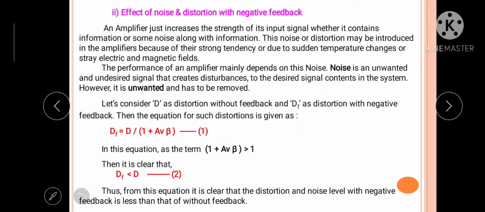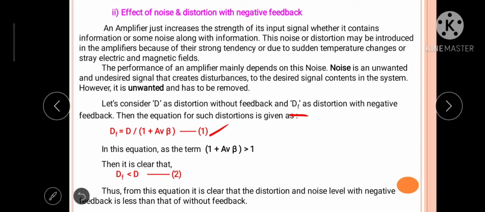For proper understanding, let's consider D as the distortion without feedback and DF as the distortion with negative feedback. Then the equation for such distortions is written as DF equals D upon (1 plus AV into beta). Let's take this as equation 1.